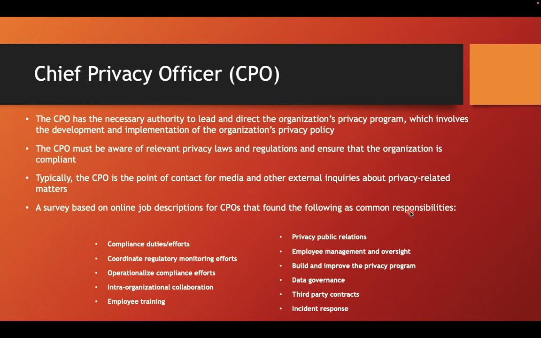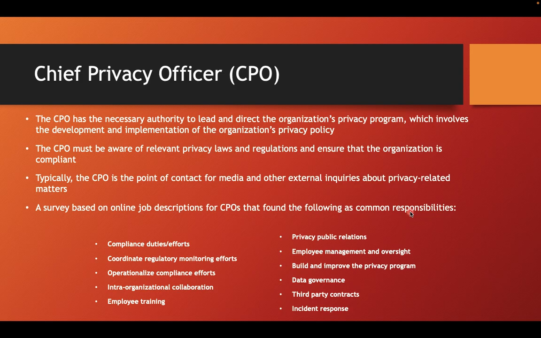Now, the chief privacy officer is the person on top of privacy who works hand in hand with the chief information security officer. The chief privacy officer has the necessary authority to lead and direct the organization's privacy programs, including the formulation of policies, the regulations, the implementation, the operations, and all of these privacy programs.